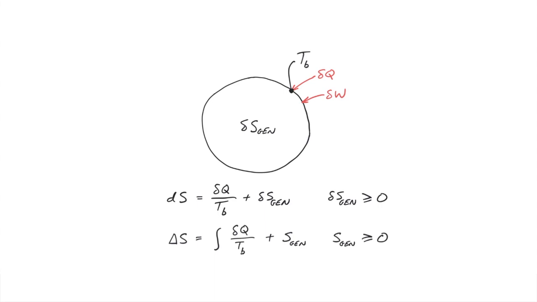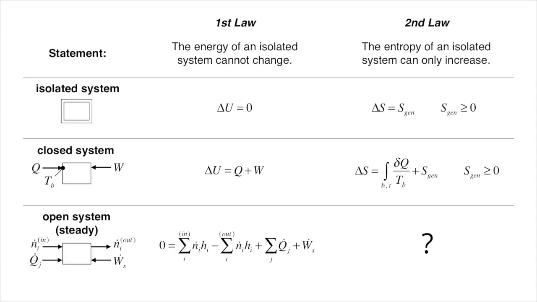This equation shows that if our entire system remains in equilibrium during a transformation, and thus S_gen is 0, delta S of the system can be related to heat flow across the system boundary. In contrast, if heat flow is 0, any entropy changes of the system must be associated with entropy generation inside the system.